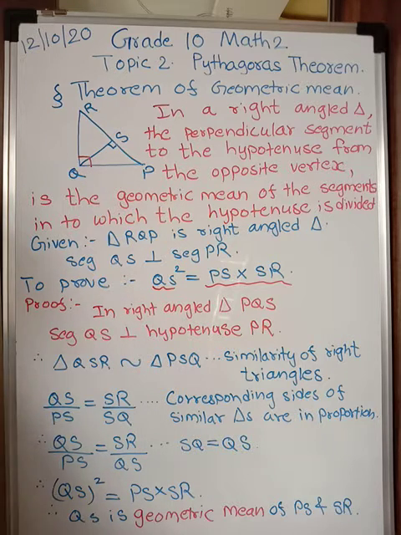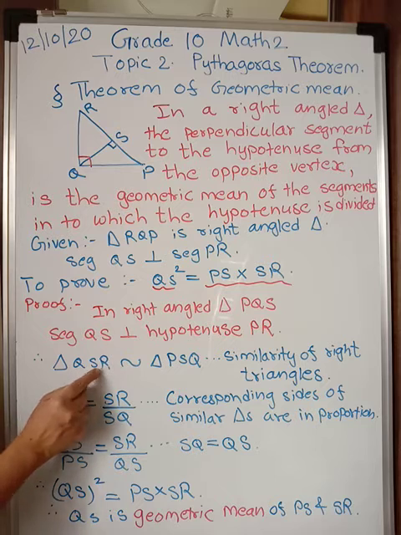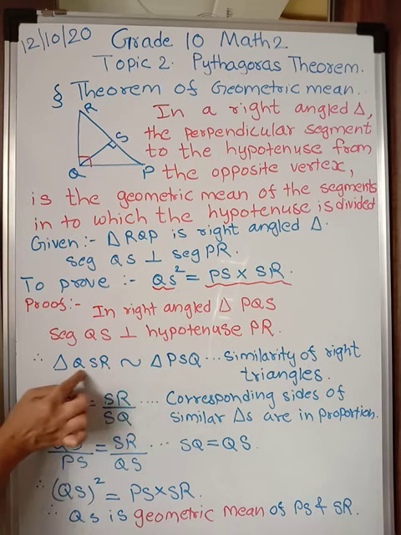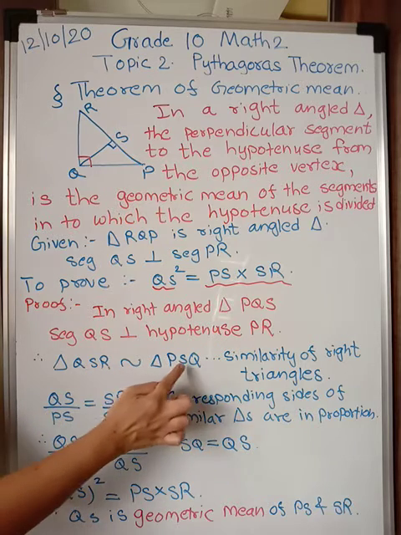Now we know that in first topic we have learned if two triangles are similar, the corresponding sides are in proportion. Now this has already been written in the one-to-one proportion. And therefore QS upon PS will be equal to SR upon SQ.